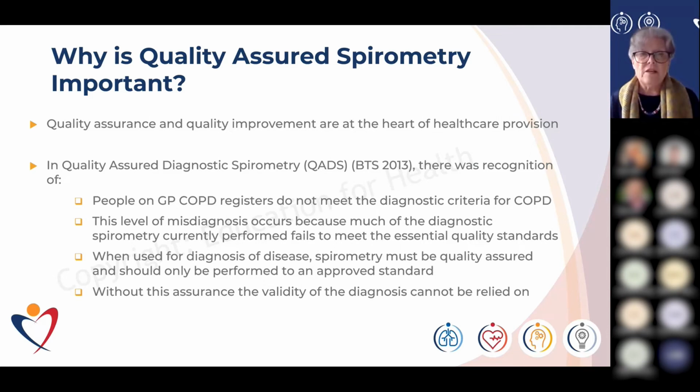This level of misdiagnosis occurs because much of the diagnostic spirometry currently performed fails to meet those essential quality standards. When used for diagnosis of disease, spirometry must be quality assured and should only be performed to an approved standard. And without this assurance, the validity of the diagnosis cannot be relied on.